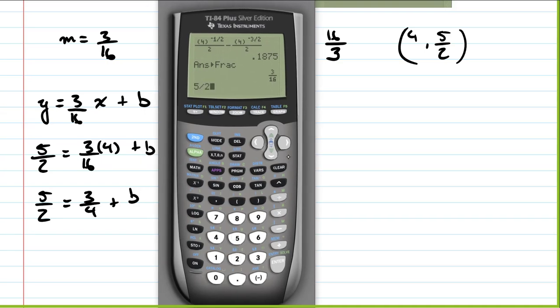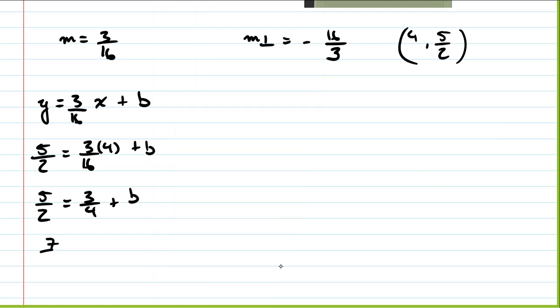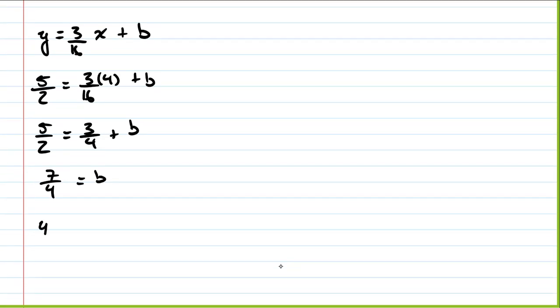So 5/2 minus 3/4, we get 7/4 is equal to b. So then we get our solution is y equals 3/16x plus 7/4. So that's our tangent line at that point.